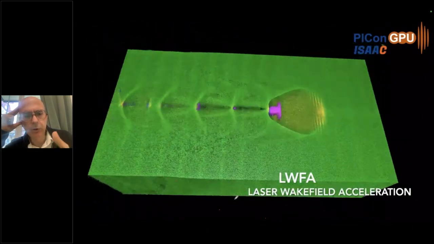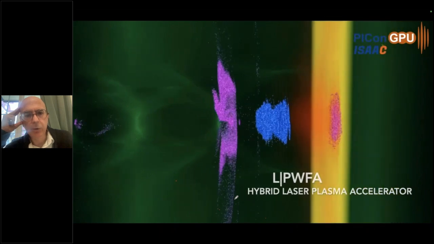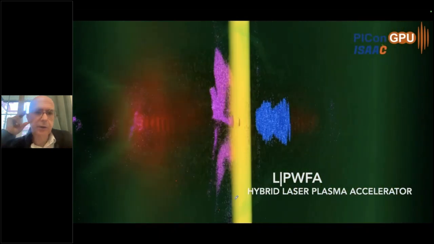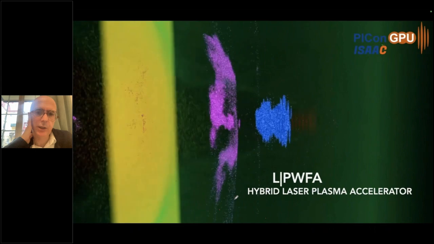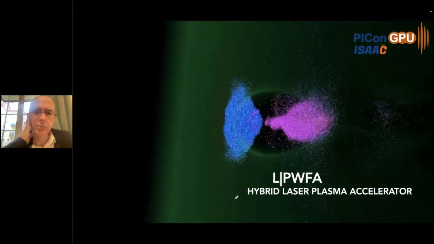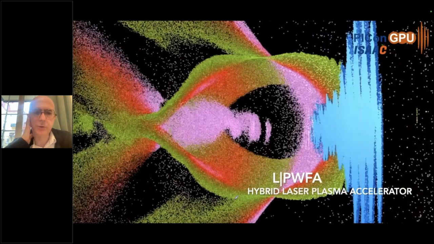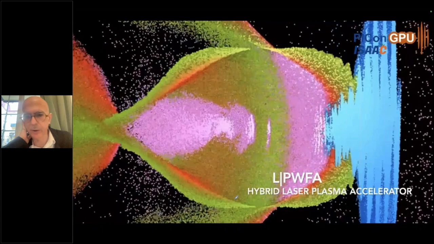Particularly, I want to showcase both that these are huge simulations, but also the integrated data analysis tools that we show here to understand the particle distribution and the behavior, and provide insights for the scientists about the science itself.